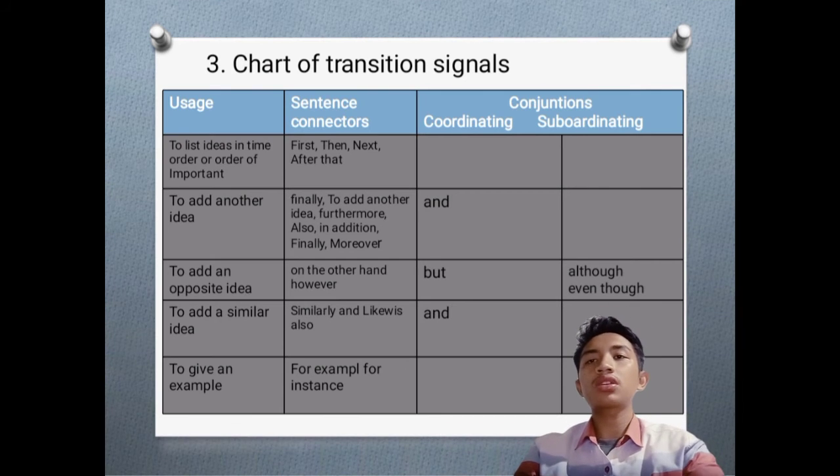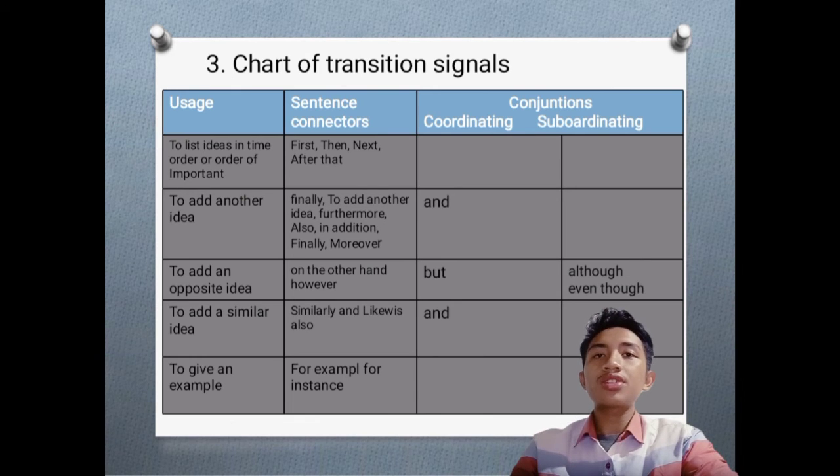So the third point is the chart of transition signals. So friends, here is a table image of transition signals. As you can see, the uses are in between. The user likes to list ideas in time order or order of importance.